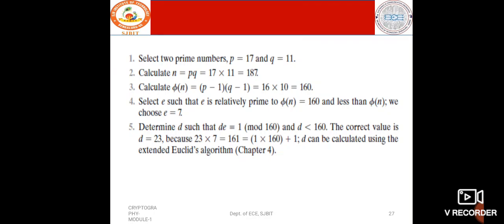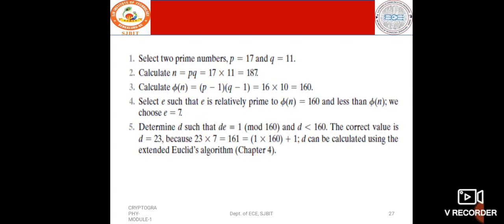Determine d such that de is congruent to 1 mod 160. Here the e value is 7.